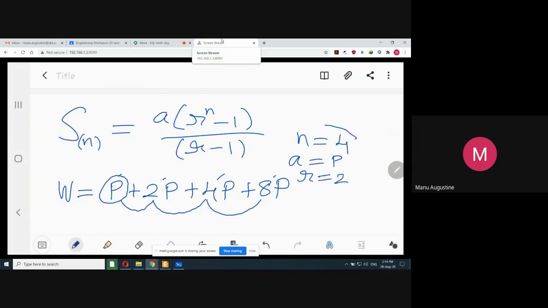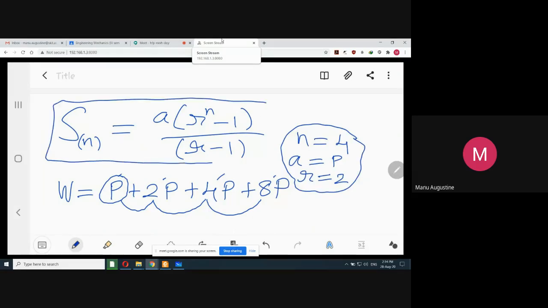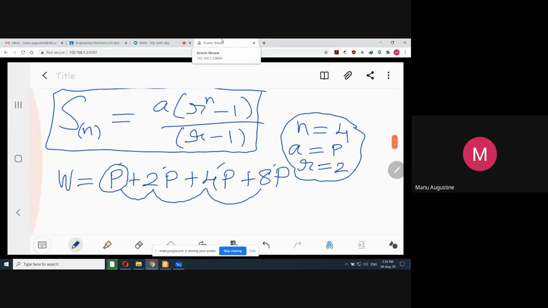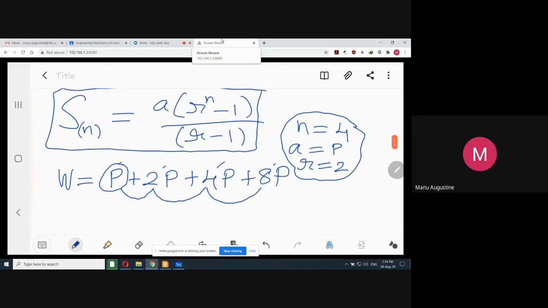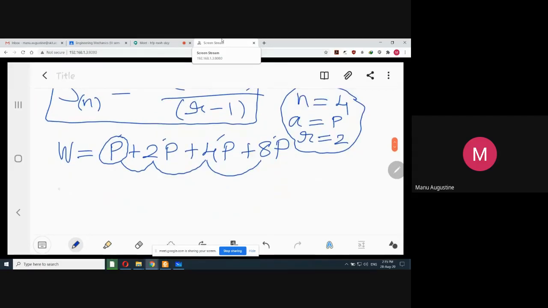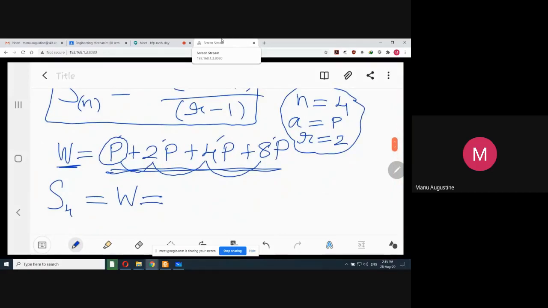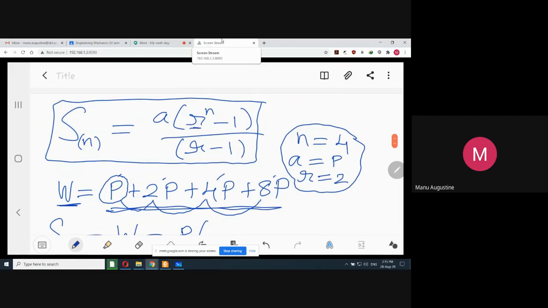Now I have all the quantities I need to substitute in the general formula of sum of n terms. So if I put it here, A is P. So the sum of 4 terms is equal to W, because W is sitting on the left hand side, and this is the sum of 4 terms. So W is equal to A, which is P, multiplied by common ratio raised to power n.